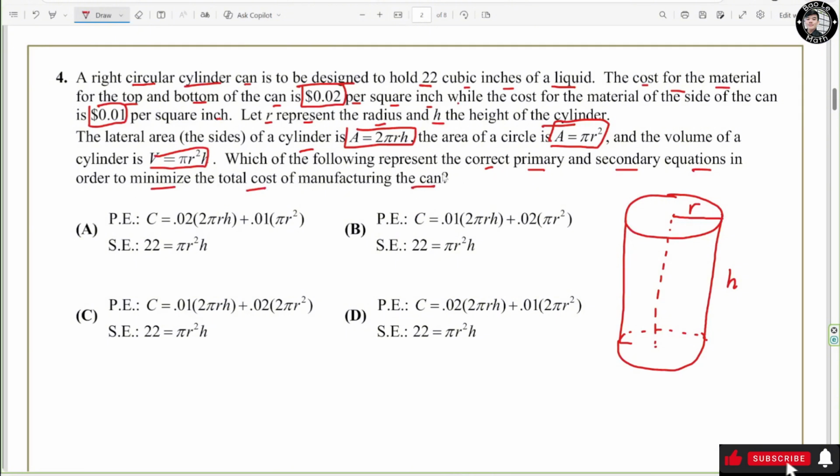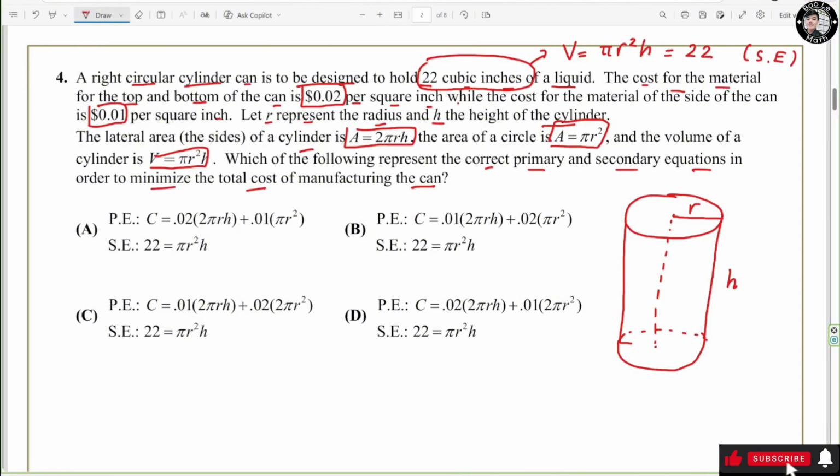Alright, so remember the secondary equation is what's given. So given right here, 22 cubic inches. Now, this is the same thing as V equals pi R squared times H equals 22.